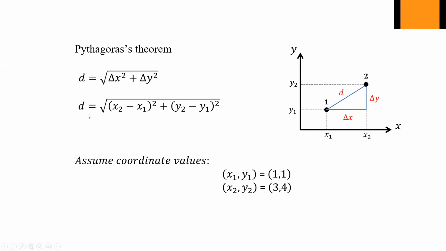So now d will be equal to the square root of (x2 minus x1) squared plus (y2 minus y1) squared. I assumed values for the coordinates of the 2 points as shown here. However, you can use any other values.